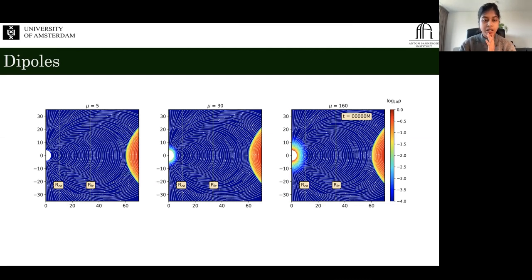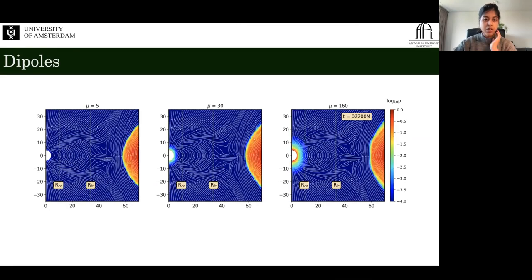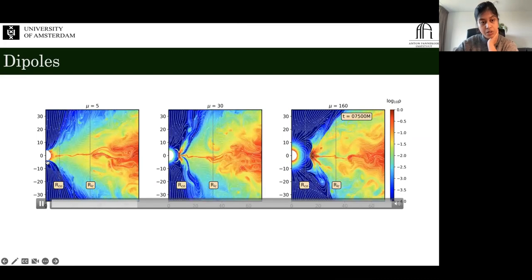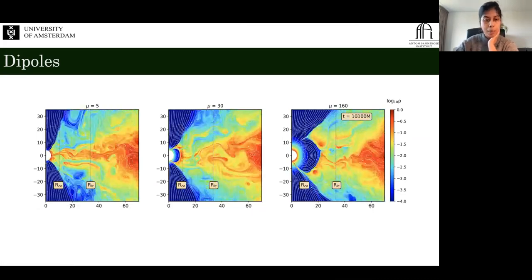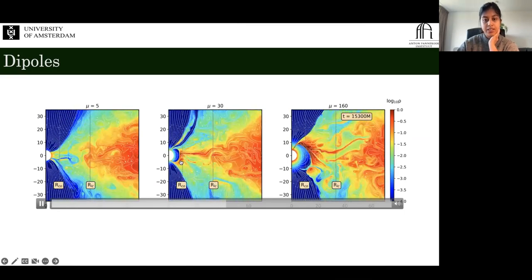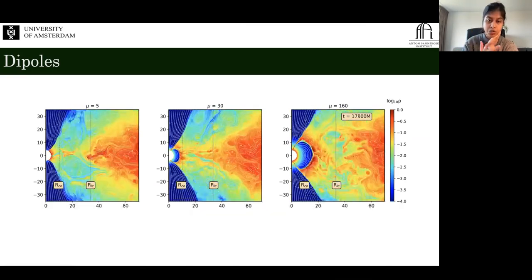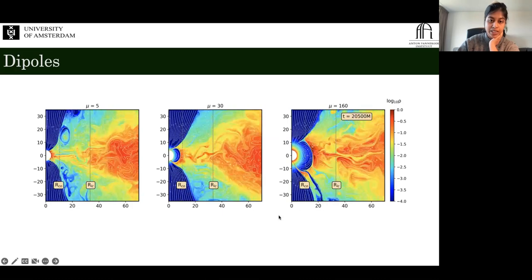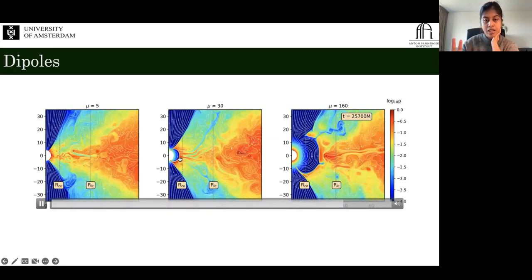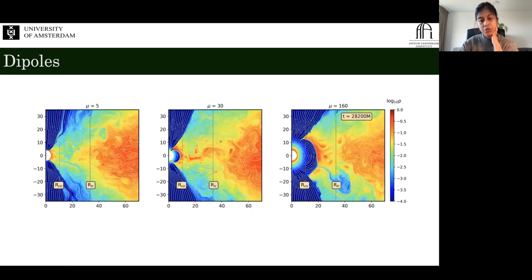Now, as I start evolving the system, for the lowest magnetic field strength, you have the disk crushing the magnetosphere, leading to a boundary layer regime. As you go higher up in the stellar magnetic field strength, you have the magnetic pressure of the neutron star stopping the disk somewhere further out from the stellar surface, and then you end up in a channeled accretion regime.